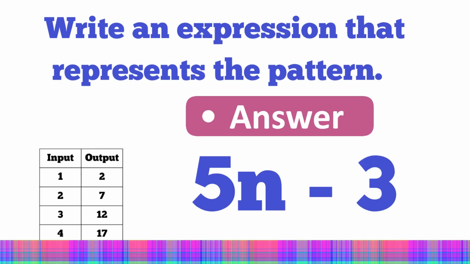Okay, the expression I was hoping you all would write is 5n subtract 3. This shows that we multiply the input, represented by the letter n, by 5, then subtract 3. Remember, the number always goes before the variable. We would not write this n5. We would always write it as 5n.